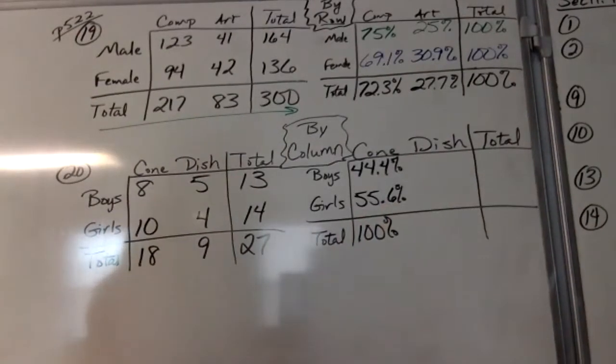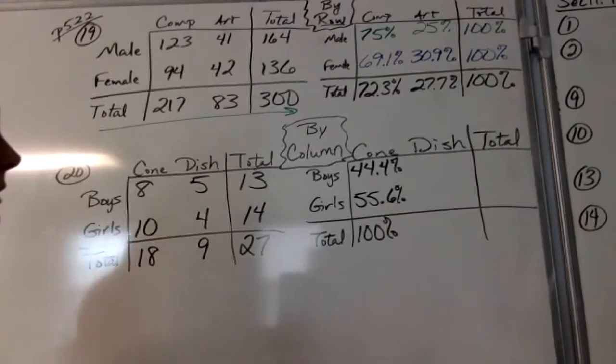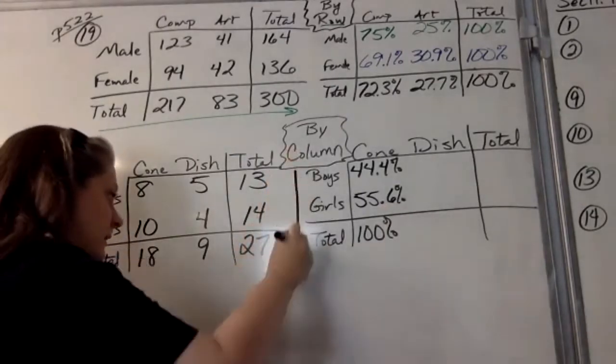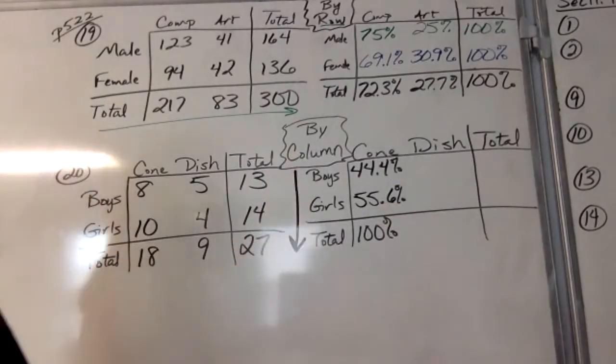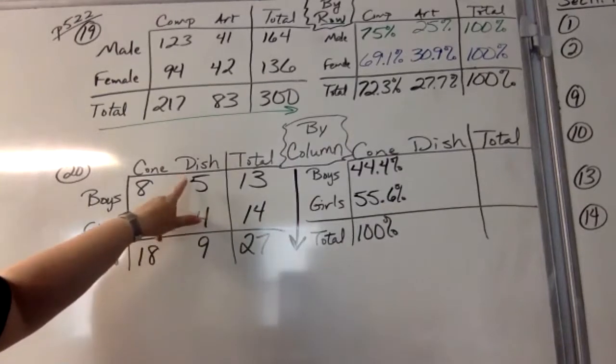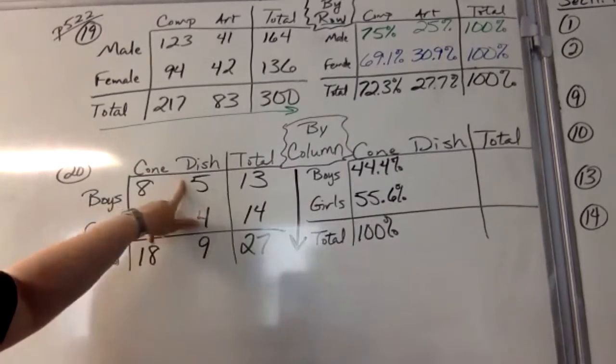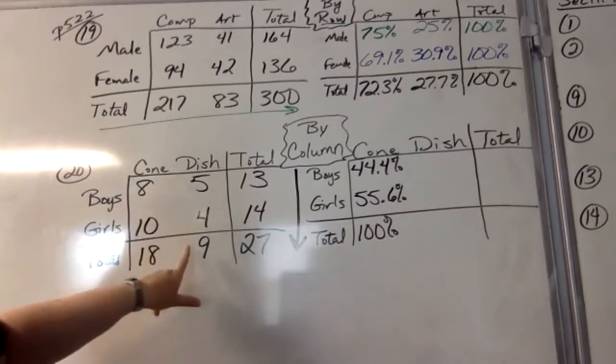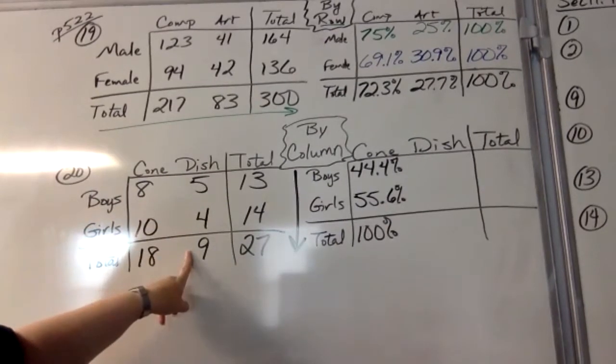So remember, your total should be 100% in your columns this time. You're doing it by column. Okay, column, remember, you're going this way. So for this one, boys that got their ice cream in a dish was 5. 5 out of 9. So 5 divided by 9, you get your decimal.